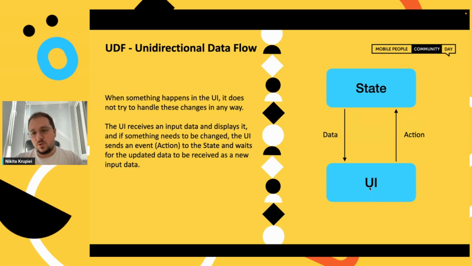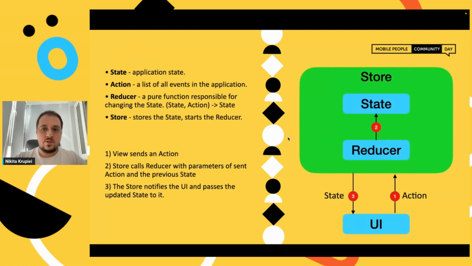If something needs to be changed, the UI sends an action to the state, AppState, that contains all the information about the app. There's some magic happening, and the new data is transferred to the UI as new input data, and the UI updates itself. Yep, so here is more.